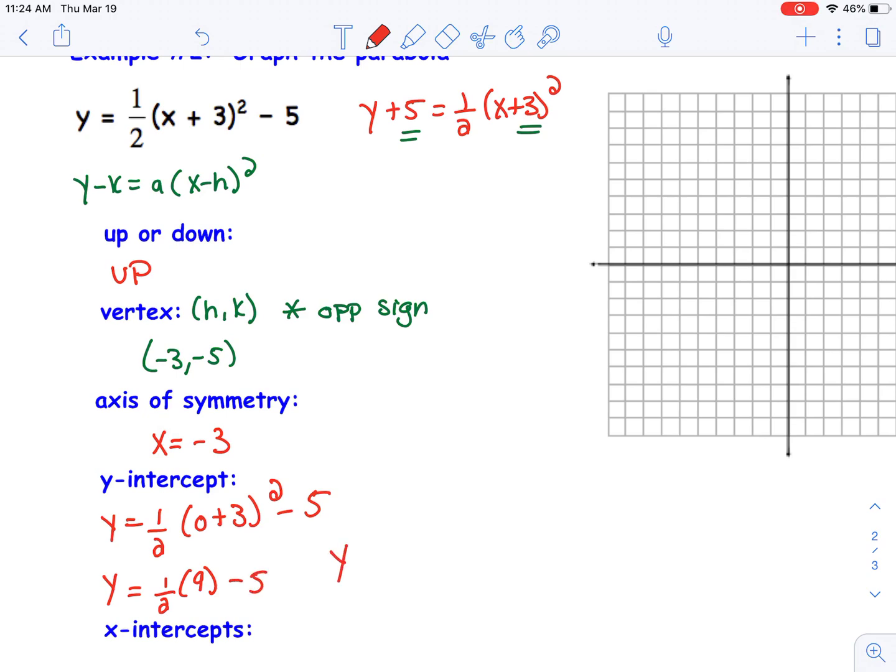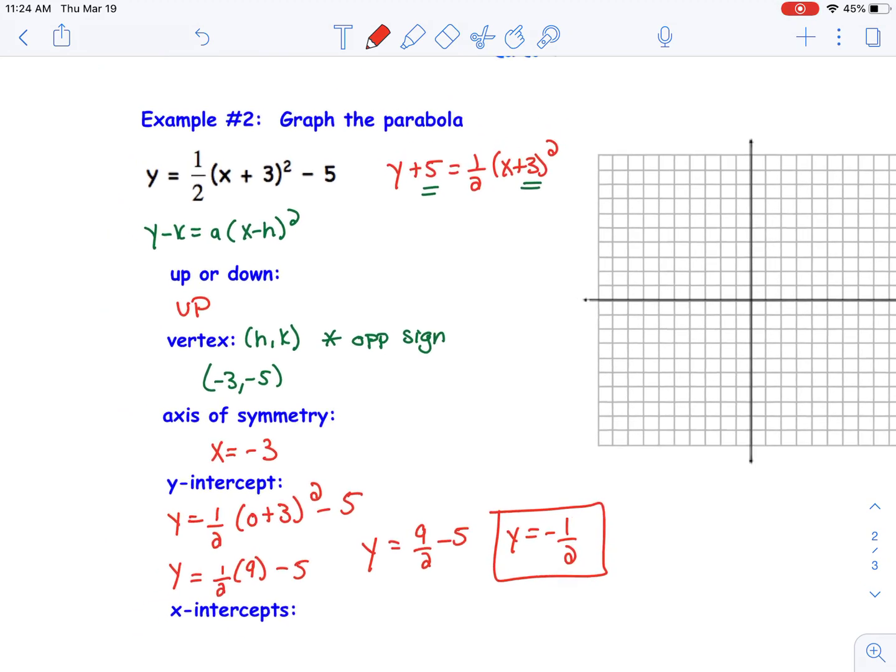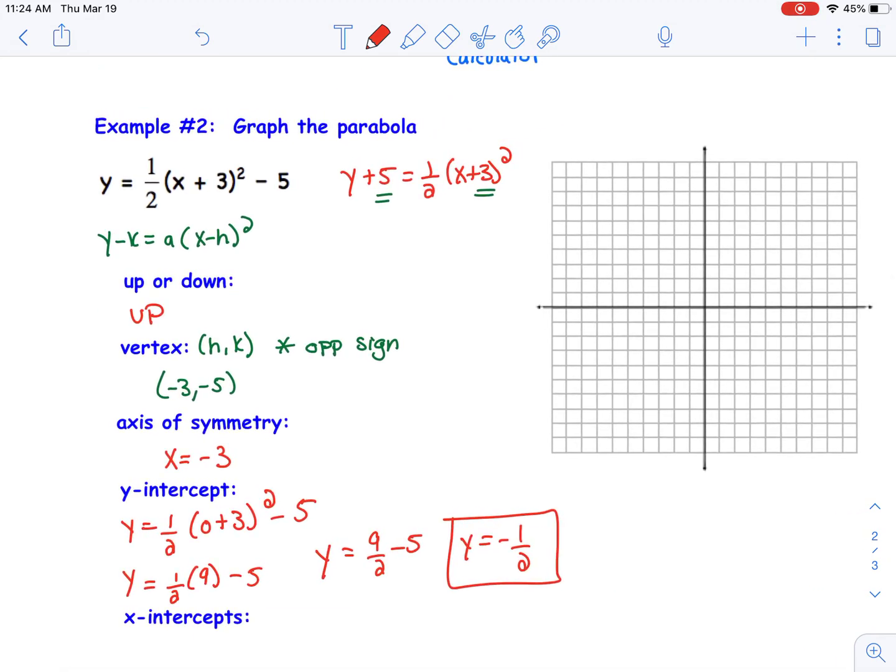I would just use my calculator here if you don't want to do this calculation, and you get y equals -1/2. So that's my y-intercept. So go ahead and plot your vertex, your axis of symmetry, and your y-intercept, and then you'll be able to see if we have x-intercepts.